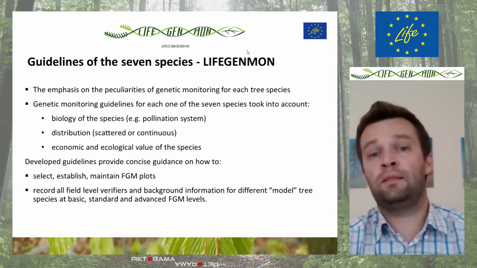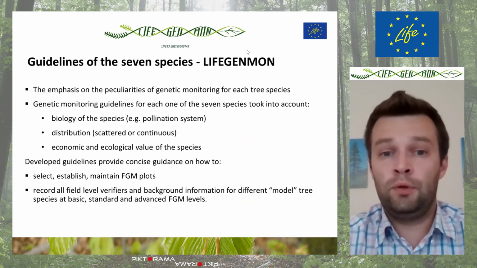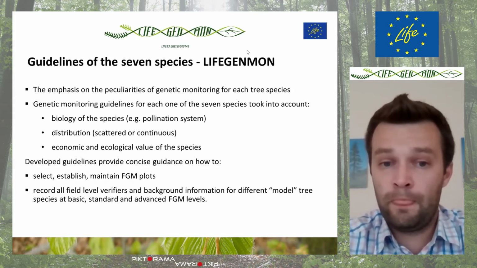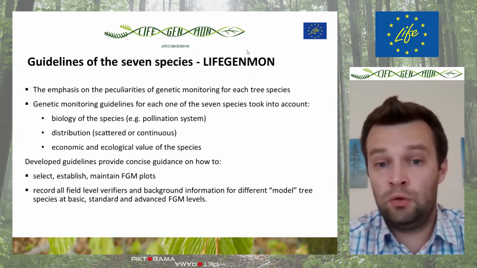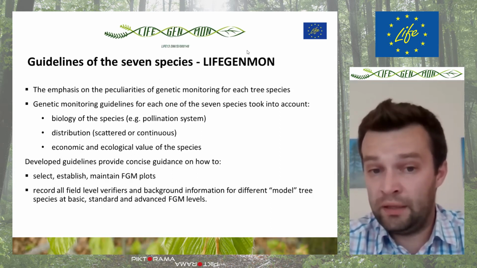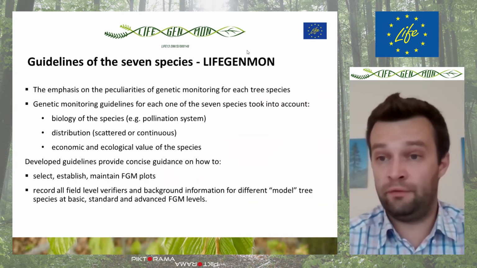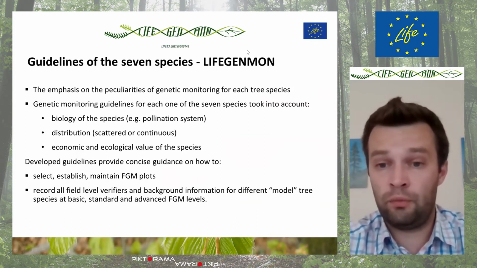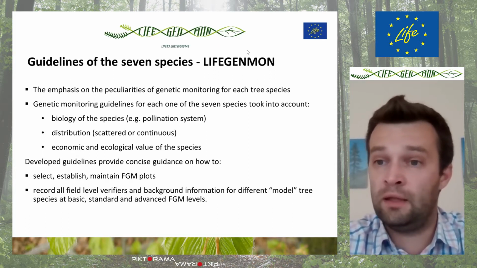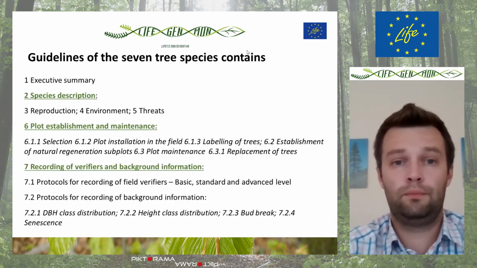So all those guidelines for the 7 tree species contained biology of the species, distribution of the species, economic and ecological value. Those guidelines also give guidance on how to select, establish and maintain forest genetic monitoring plots, and how to record all field-level verifiers and background information for different model tree species at basic, standard, and advanced genetic monitoring levels.